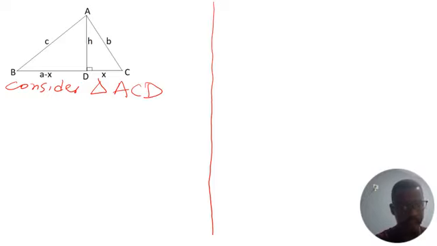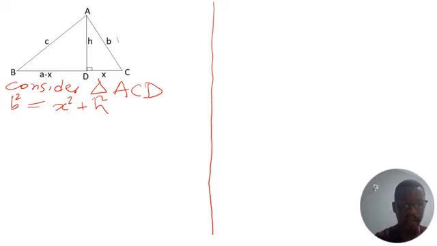Okay, let's consider that triangle. If we consider that triangle, for us to find that B, you see that triangle is a right angle triangle. We can find B using Pythagoras theorem, which is B squared will be equal to, in this case, X squared plus H squared. Okay, X squared plus H squared, we'll find that side.